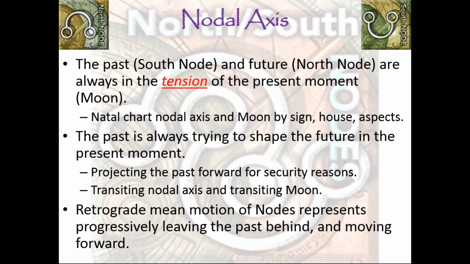So the past, again, is always trying to shape the future in the present moment. Whether we look at this over a lifetime through the natal chart, or we look at the transiting Moon and nodal axis, the past is always trying to project itself forward for security reasons.